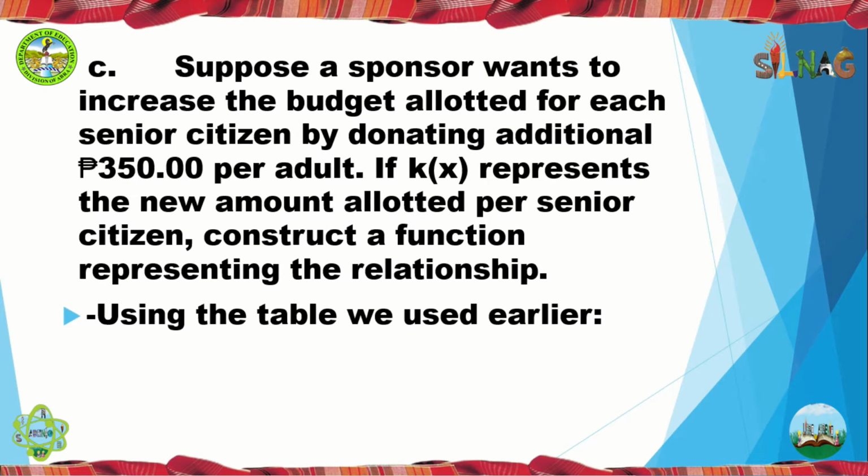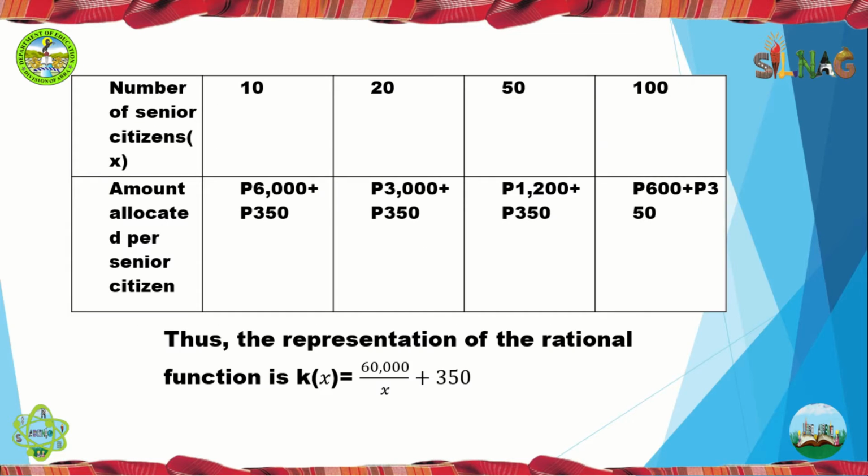Suppose a sponsor wants to increase the budget allotted for each senior citizen by donating an additional 350 pesos per adult. If k of x represents the new amount allotted per senior citizen, construct a function representing the relationship. Using the table we used earlier, if we have 10 senior citizens, then the amount allocated per senior citizen now will be 6,000 pesos plus 350 pesos.